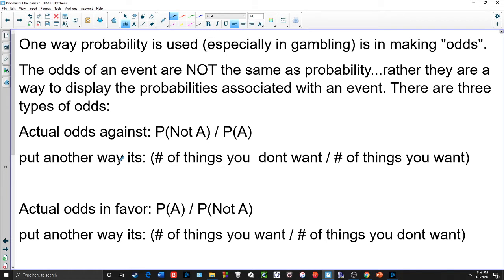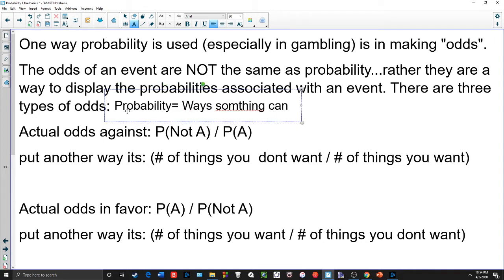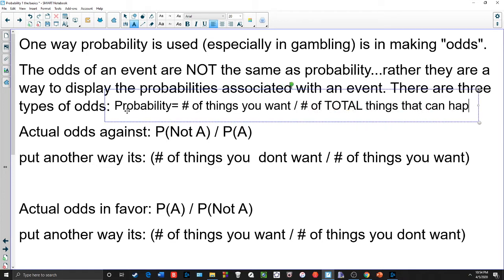And lastly, we're going to talk about odds here. So the odds of a situation are not quite the same as probability. Probability is equal to the number of things you want over the number of total things that can happen.